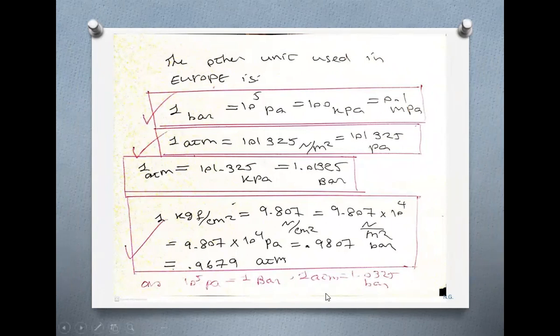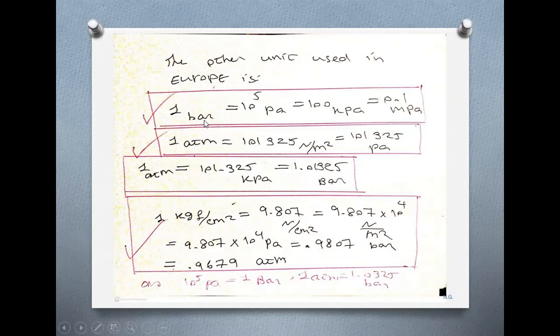Bar, and ATM for atmosphere. 1 bar is 10 to the power of 5 Pascal, which is 100,000 Pascal, or 100 kilopascal, which is 0.1 megapascal. 1 atmosphere is a bit larger than a bar.